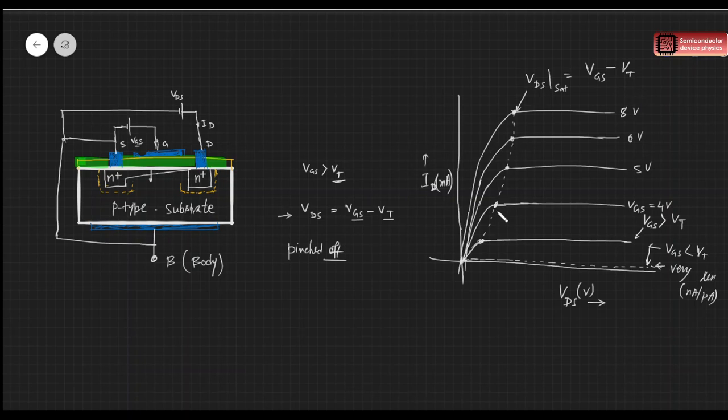At every point we are changing this VGS, so obviously VDS will increase. And VDS value typically is around 10 volts, 20 volts, 30 volts, 40 volts, 50 volts, and so on. And similarly, the current will be in milliamps, so maybe here it is just 10, 20, 30, 40 milliamps.